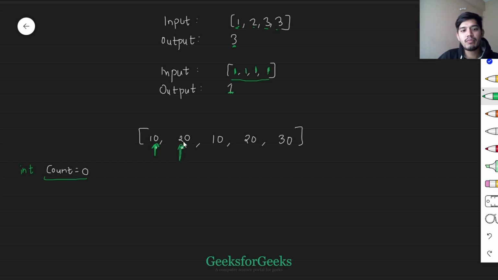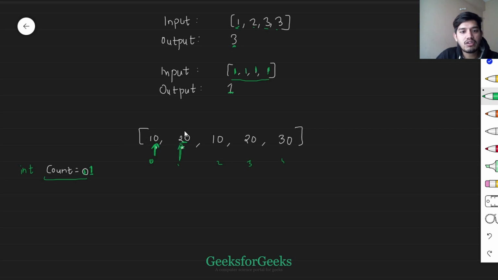Then we check the left of 20. Basically, we check whether the elements which come before 20 are equal to 20 or not. If that is not the case, then we increment our counter. About the counter: when we were at I equal to 0, so this is 0, this is 1, this is 2, this is 3 and this is 4, we have our count variable as 1 because there was no element equal to 10 on the left.